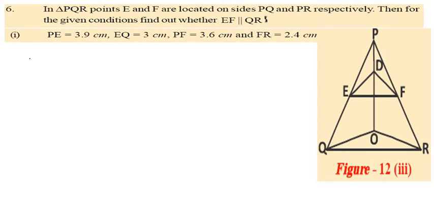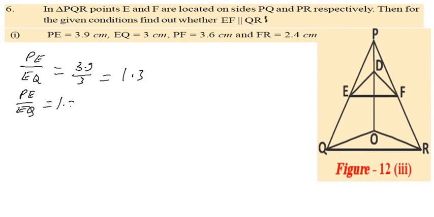Now find the value of PE upon EQ. So PE upon EQ. Now put the values: PE is given as 3.9 and EQ is 3. So 3 ones are 3 and 3 threes are 9. So you can say here PE upon EQ is equal to 1.3. So that one is equation first. Now find the PF upon FR.